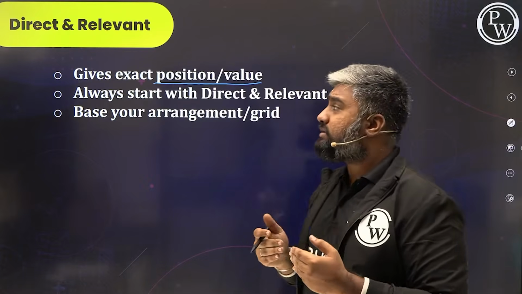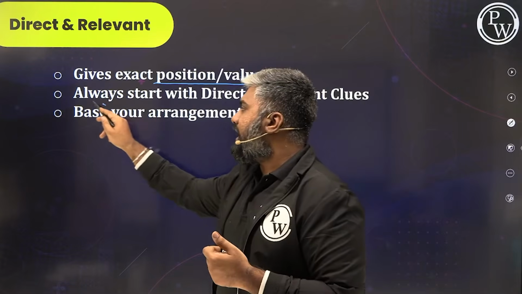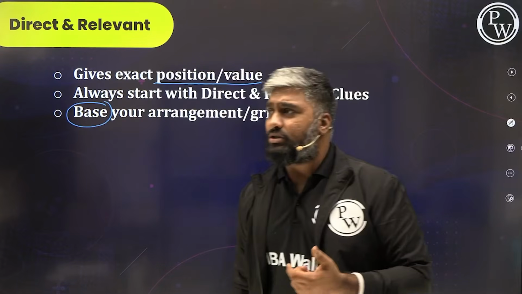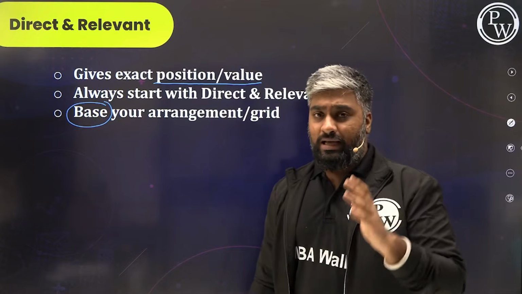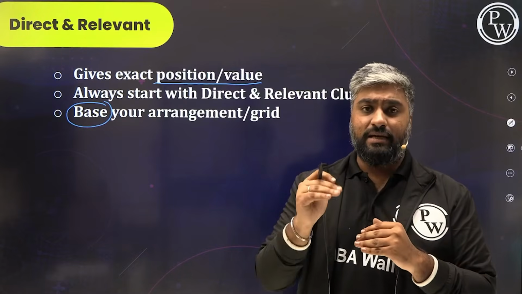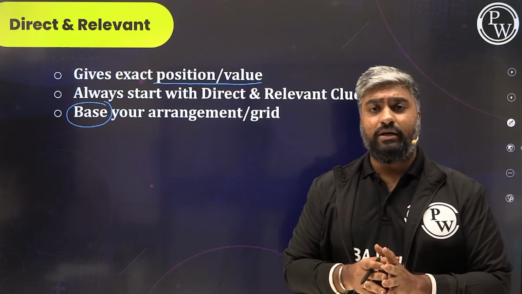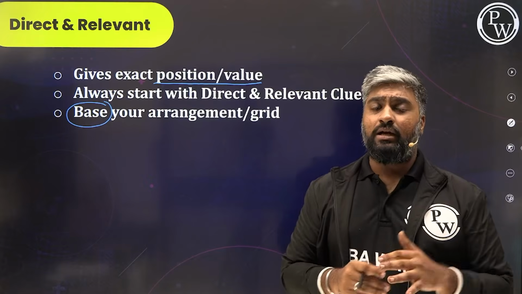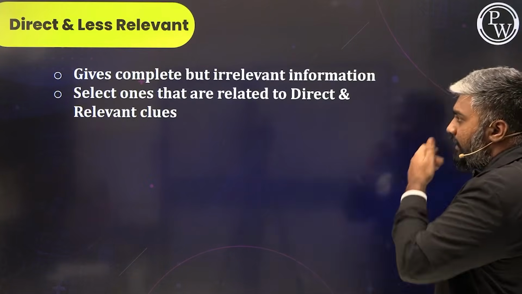So those are clues that are direct as well as relevant. And you're going to base your entire arrangement or your entire grid on those clues alone. That is going to be your starting step. The first step is very important in solving a puzzle, because if your first approach is not right, then you're left with nothing. Okay, let's get started.